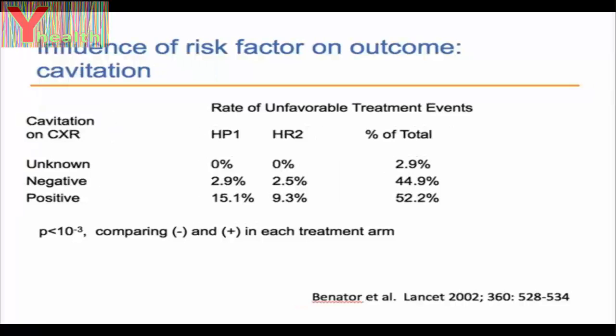Similarly, patients who have extensive bilateral cavitary disease on chest radiograph have a higher chance of a poor outcome than patients with less advanced disease on chest radiographs. Also, although I'm not showing this data, patients who have lost very substantial amounts of weight prior to the beginning of therapy seem to have a higher risk of a poor outcome.